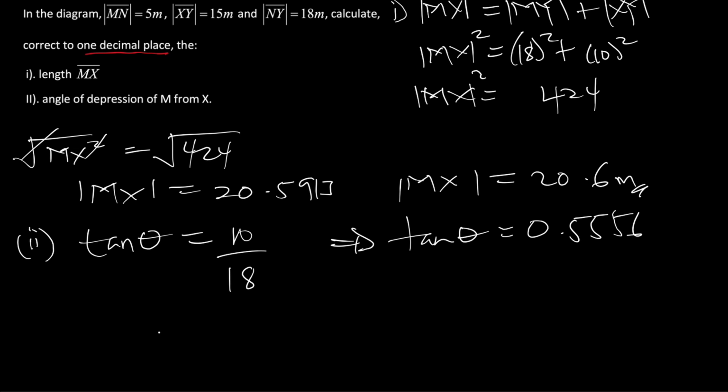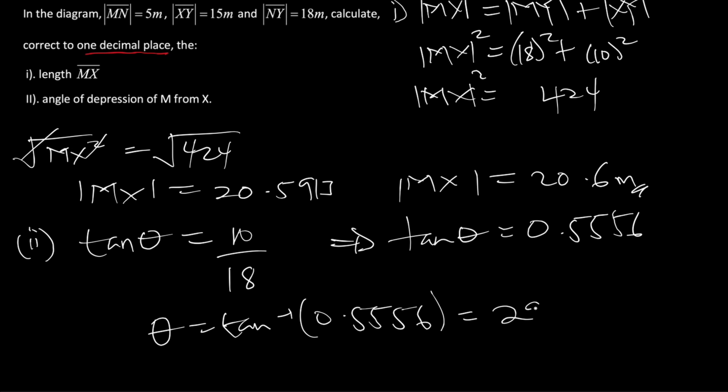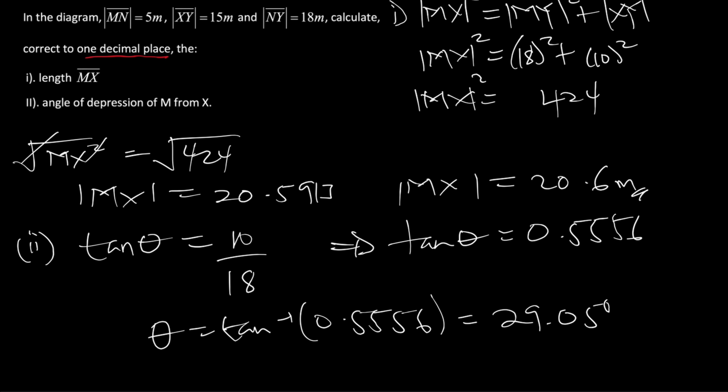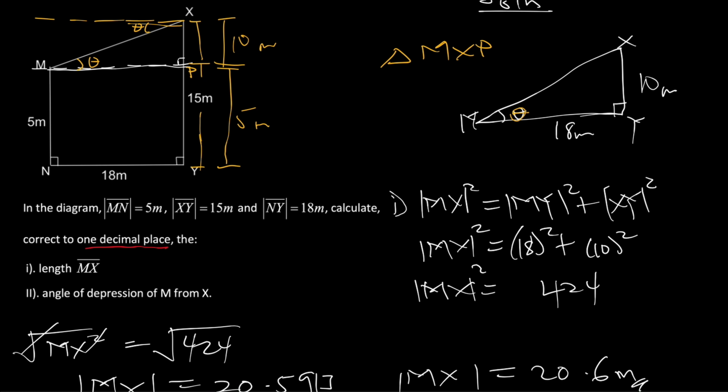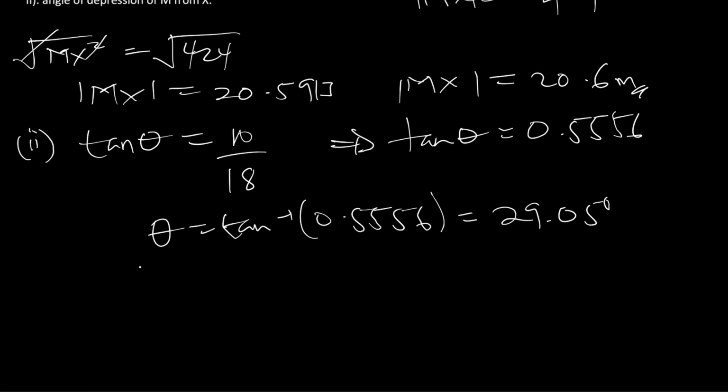So to find theta, we take the tan inverse of 0.5556, and that is equal to 29.05 degrees. But we are being asked to correct our answer to one decimal place. So our theta will be equal to 29.1 degrees.